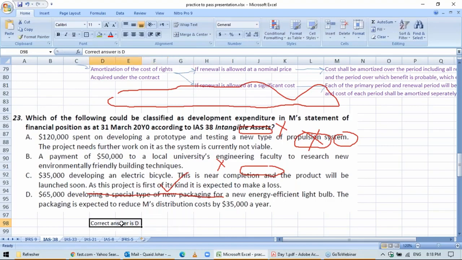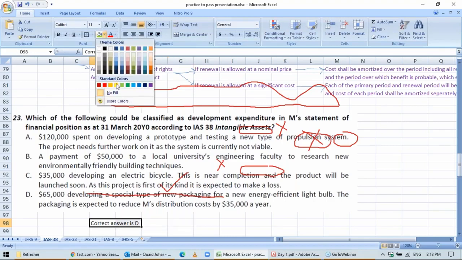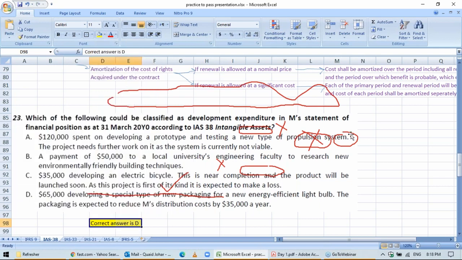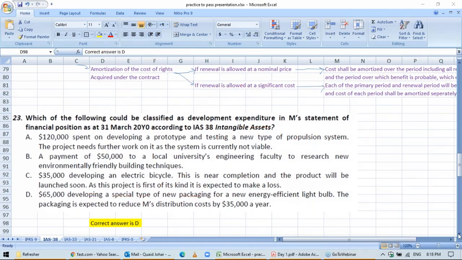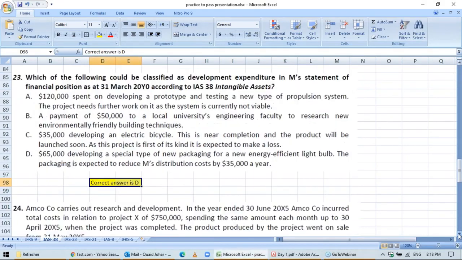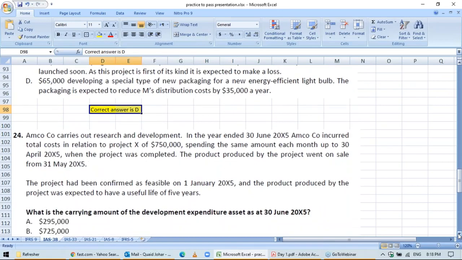And let's move on to the next question. Question number 24. Now this is a good one.